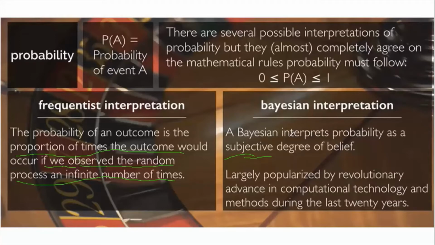Now, what is the Bayesian approach? Bayesian approach takes probability as a subjective belief. Like we discussed the other day, you give a prior probability, based on your experience or anything, subjectively.